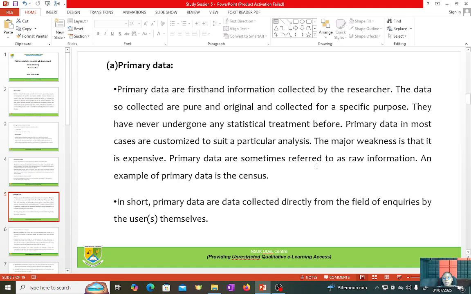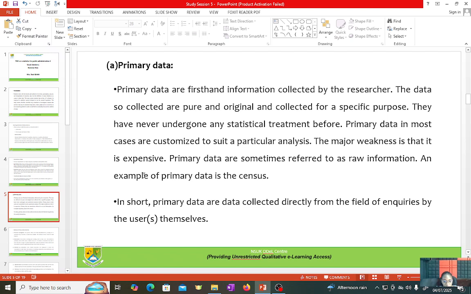Primary data are sometimes referred to as raw information. An example of that is the census. As we all know, during the census, your information is not being collected from a particular form that you have filled somewhere. It is a one-on-one interaction.